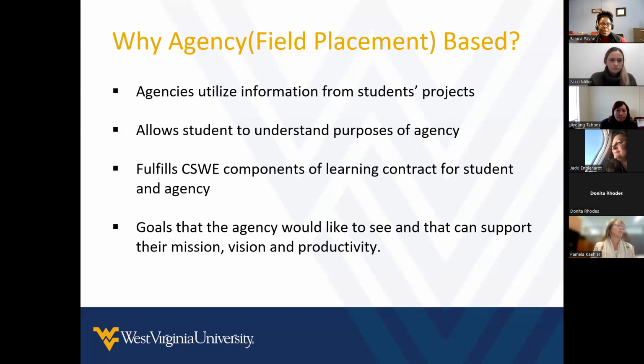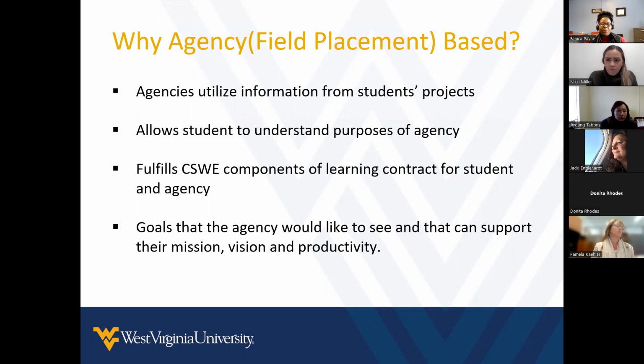It also allows students to get a more detailed understanding of the purpose and the comprehensive intricacies of the agency. It also fulfills the CSWE components of learning contracts for the students and agency. To add to that, there are goals that the agency would like to see that can support their mission, vision, and productivity. And so again, it's this partnership.